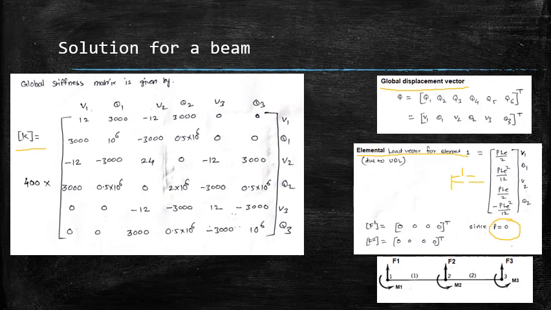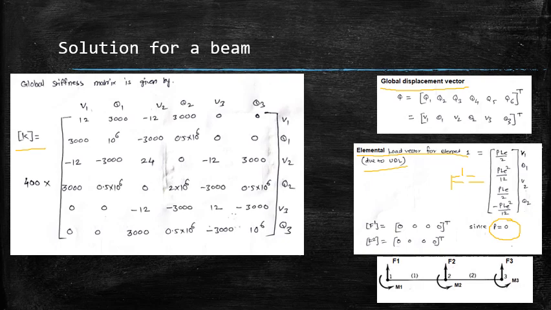So this F1, that is the elemental load vector for element number 1 due to uniformly distributed load, is 0 because P is 0 here. So F1 is equal to 0, and this F2, the elemental load vector for element number 2, since element number 2 is also not having any UDL acting on it, has to be 0. Please don't get confused with the notation.